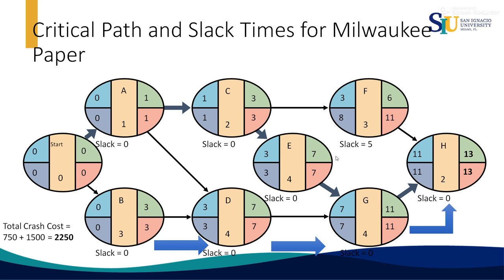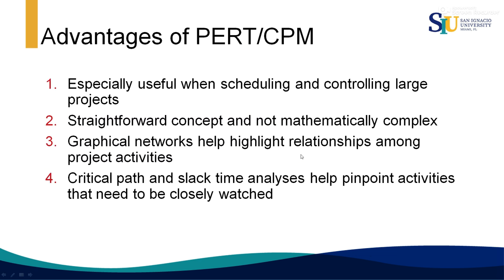We still have 2 critical paths. The total crash cost is the original 750 for activity A and the 1,500 for activity G, which is 2,250. This is the total crash cost and the duration of the project, and there are 2 critical paths in the project. This is called crashing a project.